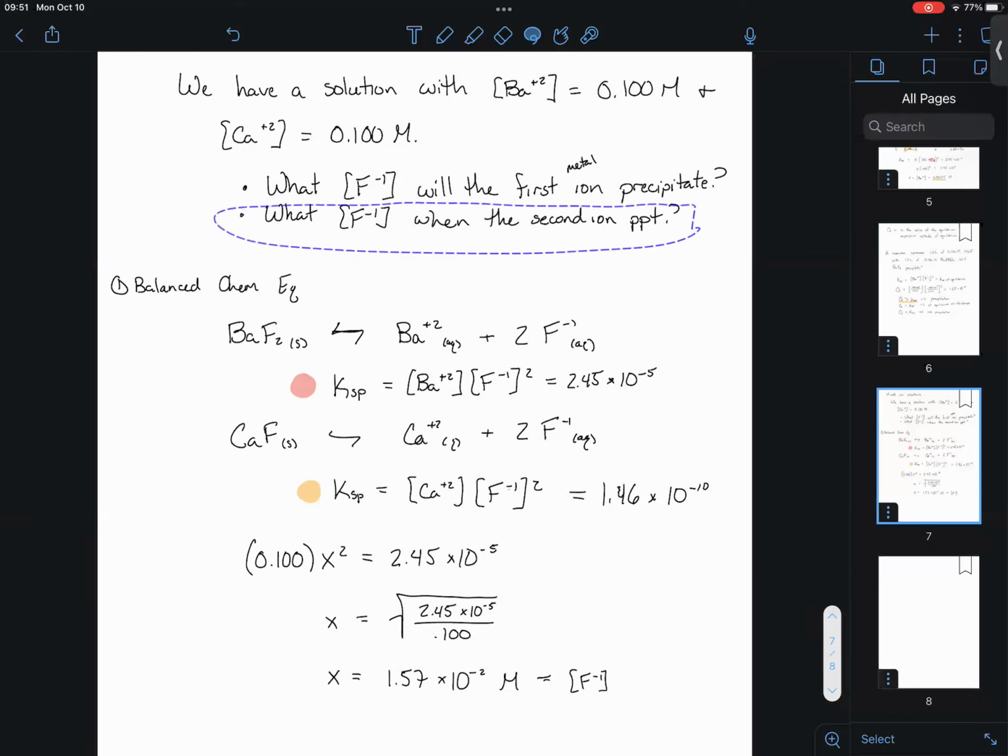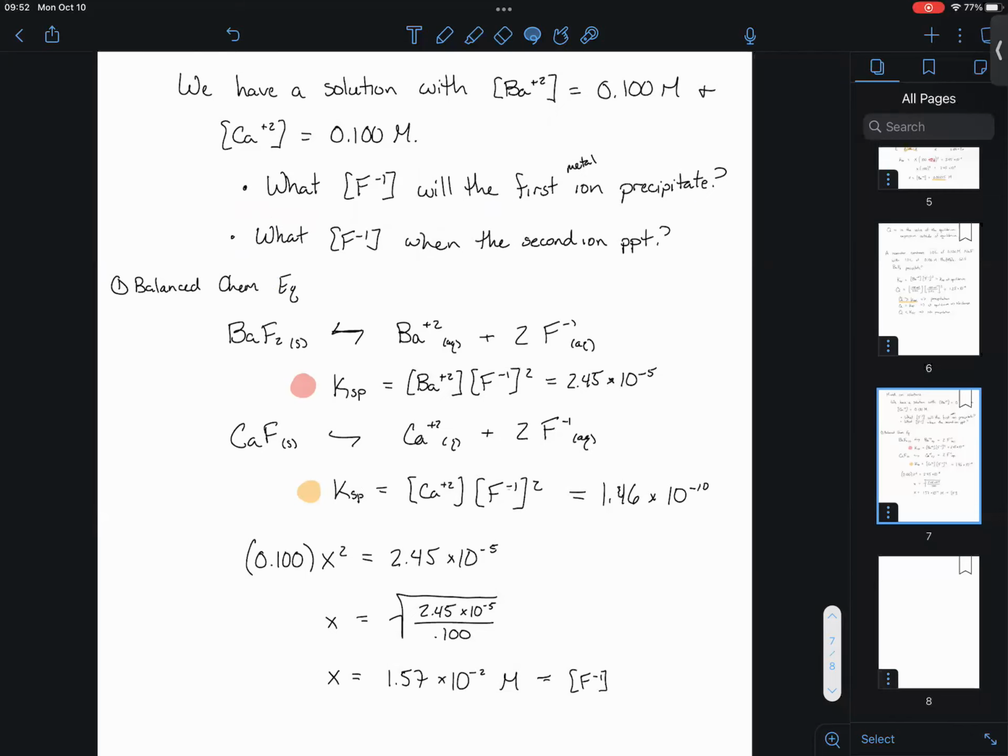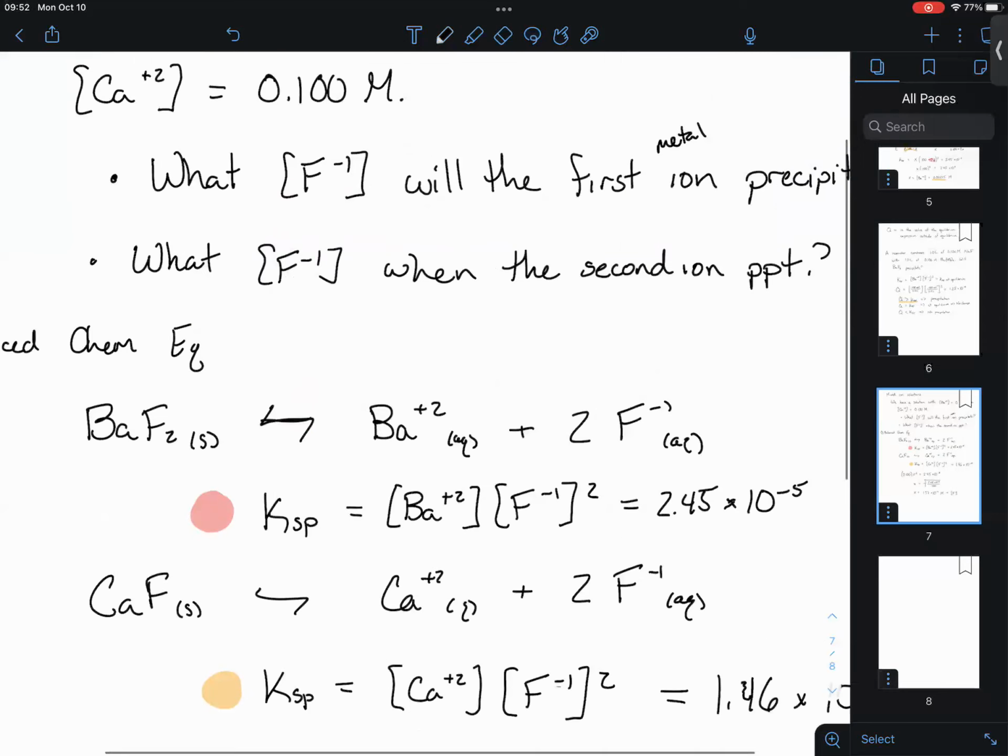At what concentration of fluoride does my first ion precipitate? That was quite low, 3.82 times 10 to the negative 5 molar, compared to the concentration of fluoride ions when that second ion starts to precipitate.